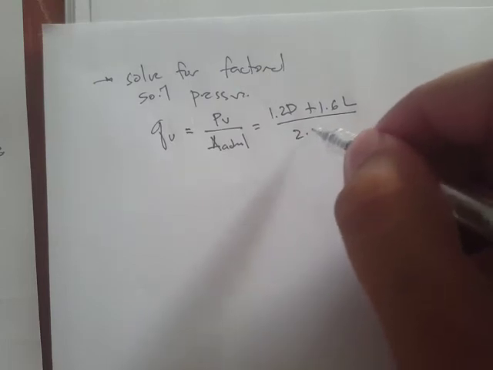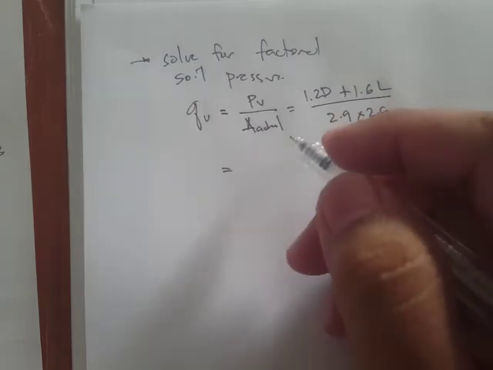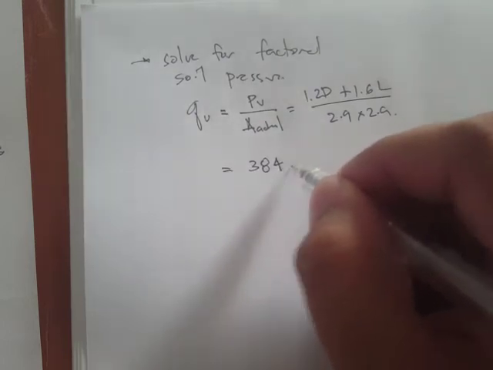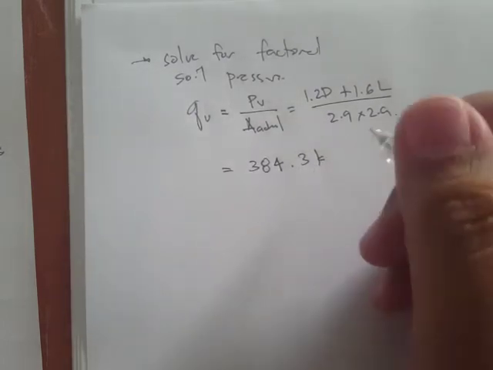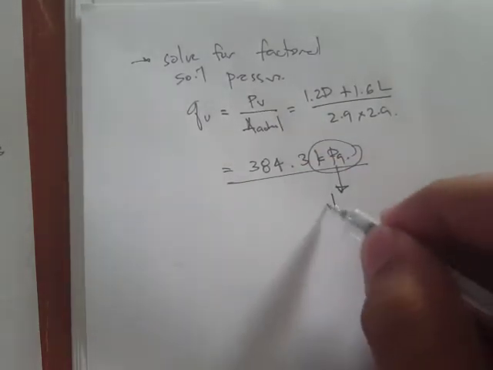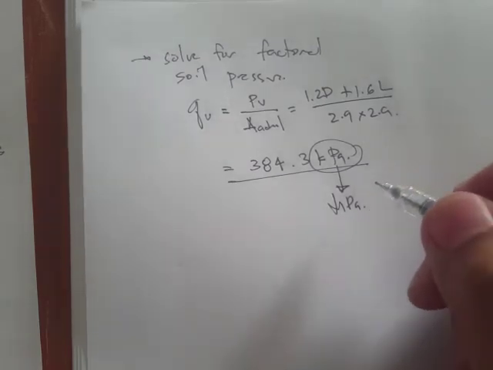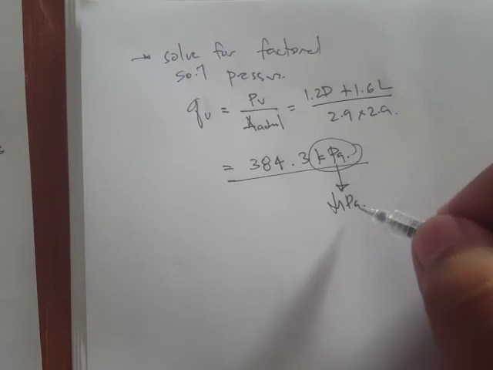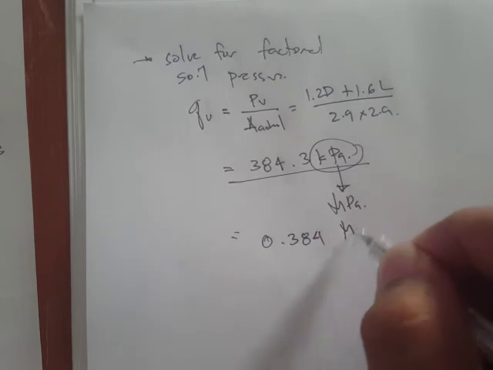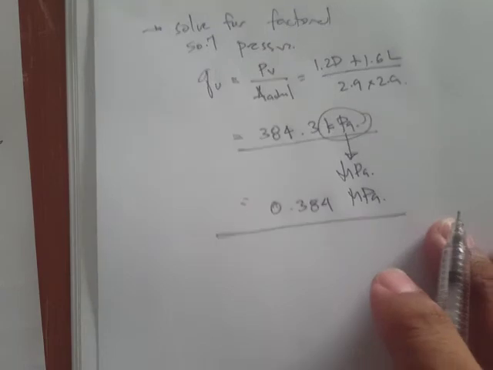The actual is 2.9 times 2.9, and if you substitute the values, you get 384.3 kilopascals. Now, if you convert this to megapascals, you have to divide that by 1,000. So you get 0.384 megapascals. Okay, so now we're good to go.